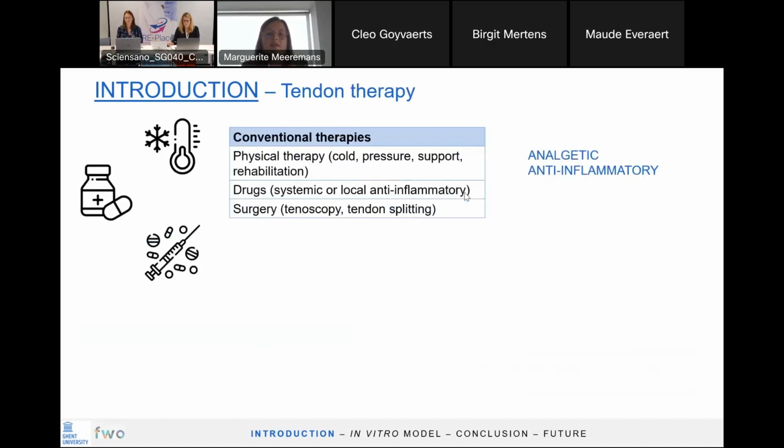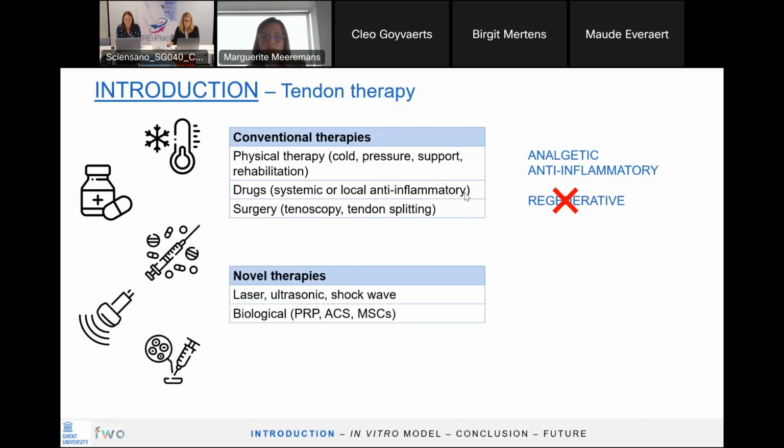In both species, the therapy at this moment mainly consists of physical therapies such as controlled exercise or rehabilitation in combination with anti-inflammatory medication and surgery if desired. Although the pain is reduced, there is no regeneration of the tendon tissue, and scar tissue is still being formed.